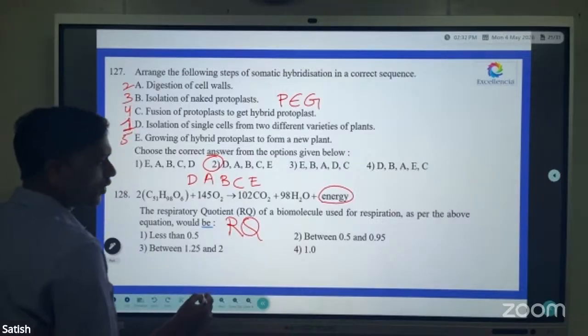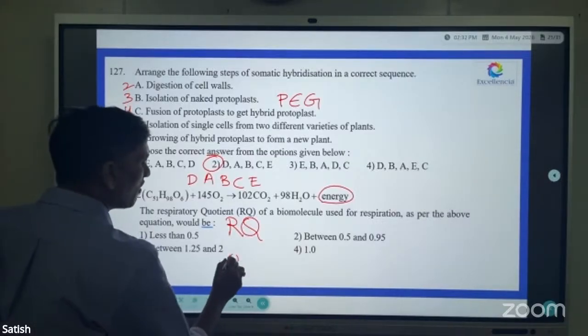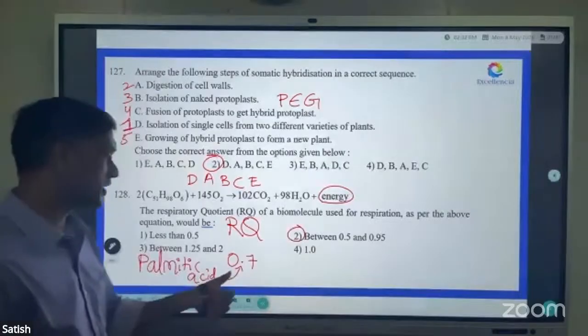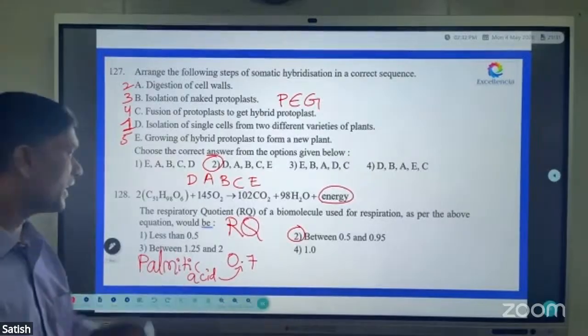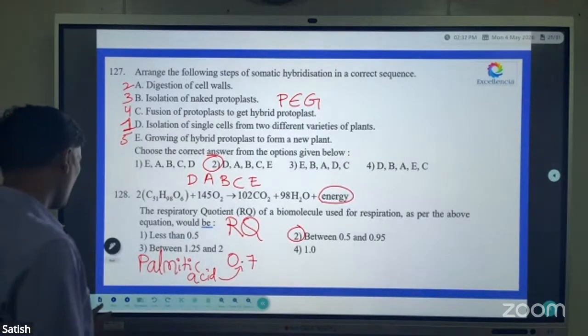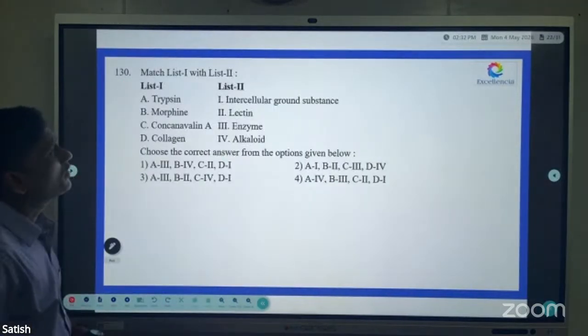The RQ of fatty acids is always less than one. The exact RQ is 0.7. It's about palmitic acid. Next question. Match the following.